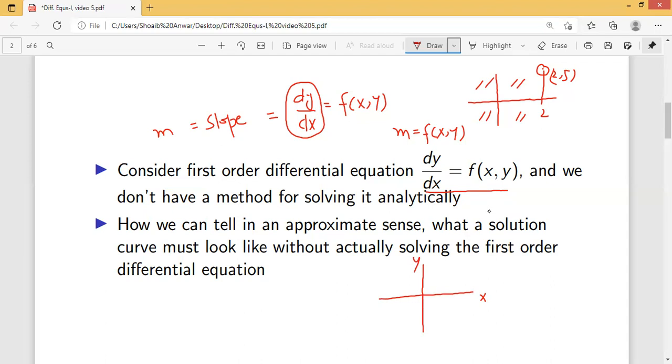That question is mainly answered with the direction field. Even though we don't know what actually the solution of the first order differential equation is, with the help of the direction field, we can approximately tell how a solution curve will look like.